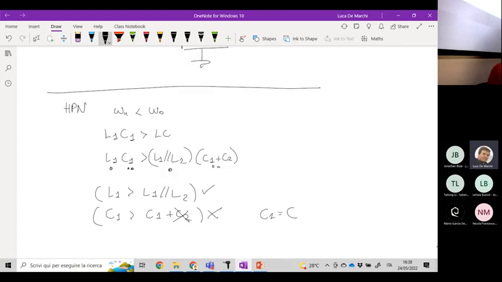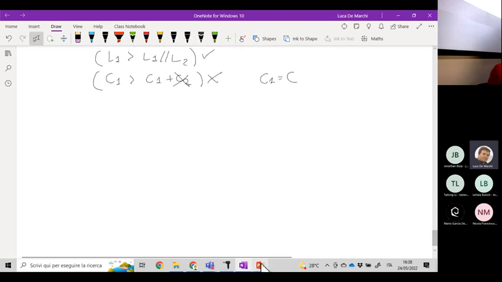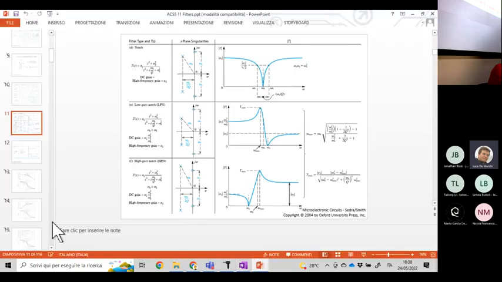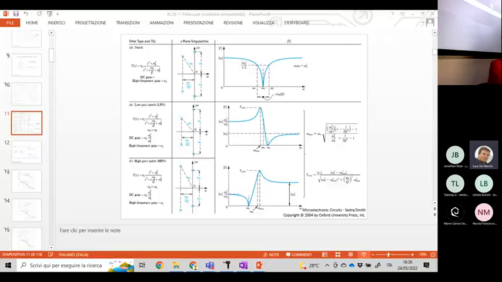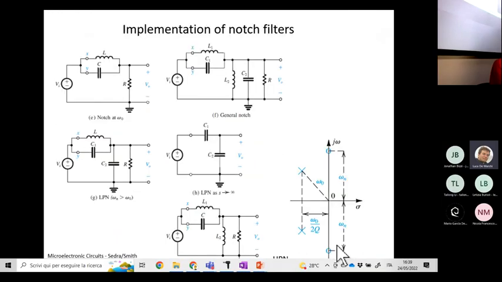Basically, the new version of the circuit is provided in the study material, where you can find all the different combinations.